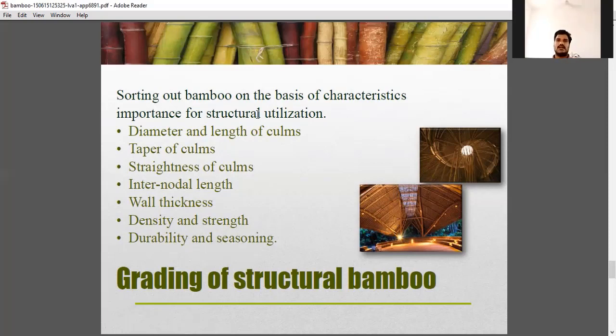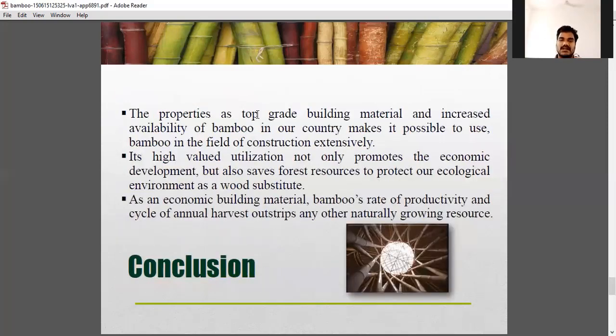So these are all the important features in grading of the structural bamboo. Okay, these are all not necessary.